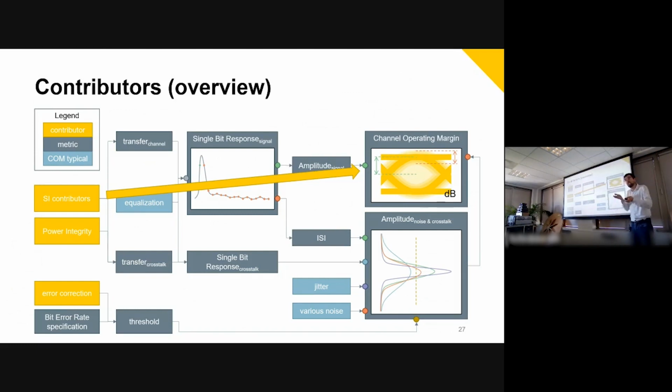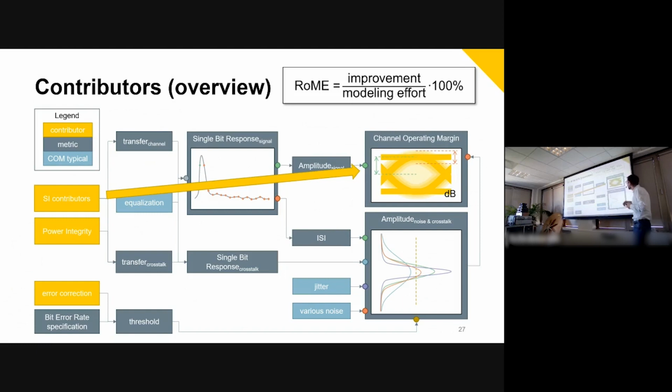And that way you can weigh what are the more and the less important contributors. And this can be done pre-layout, but also based on measurements, for example. And if you think back of the return on modeling effort, this is something that can be used to estimate the improvement if you're working on this or that contributor.